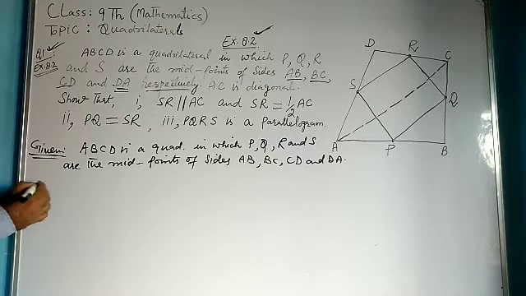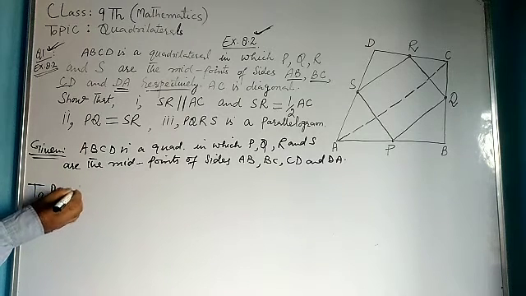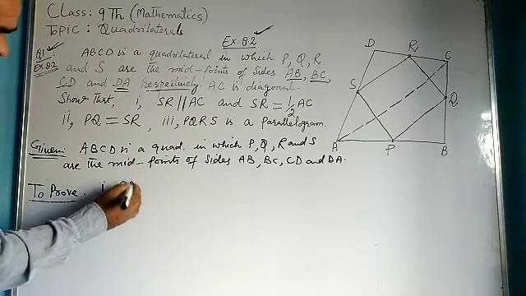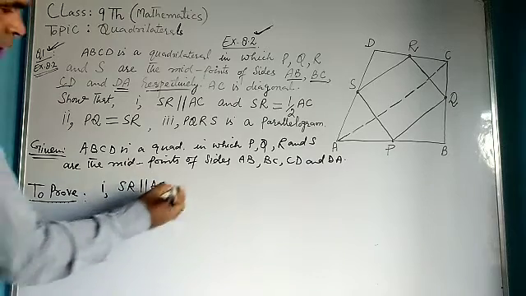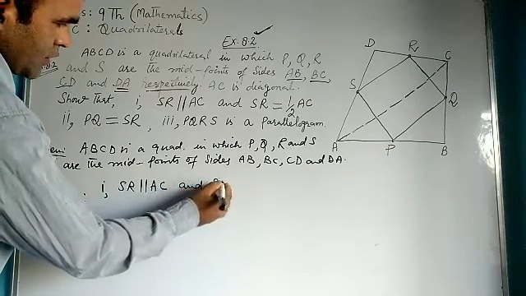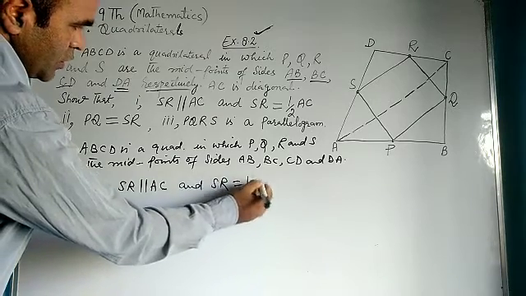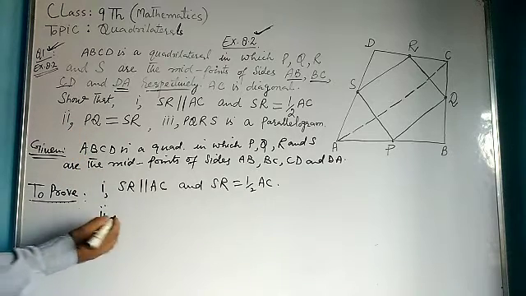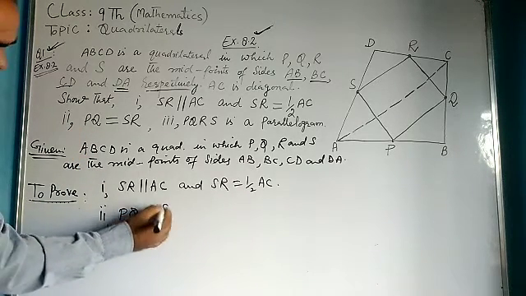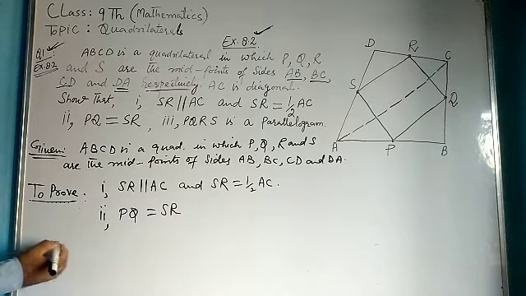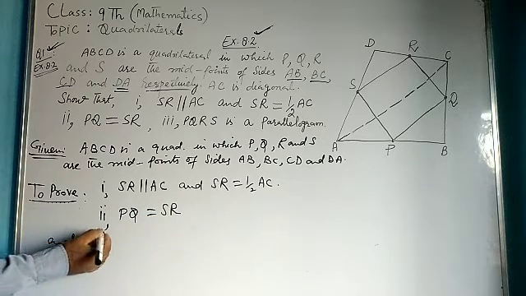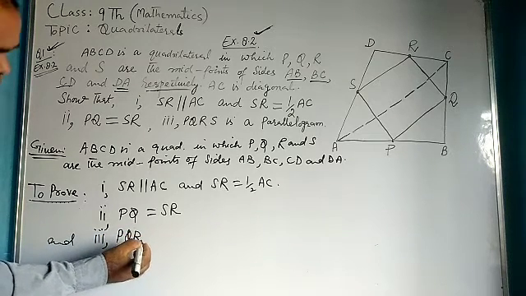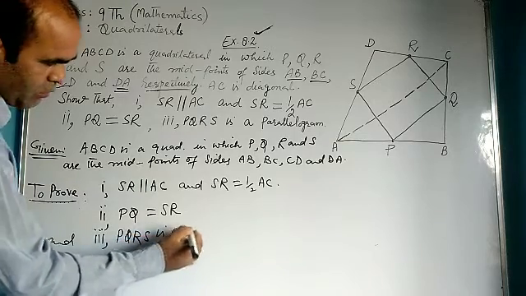Now we have to prove. First, SR is parallel to AC and SR is half of AC. Second, PQ is equal to SR, and third, PQRS is a parallelogram.